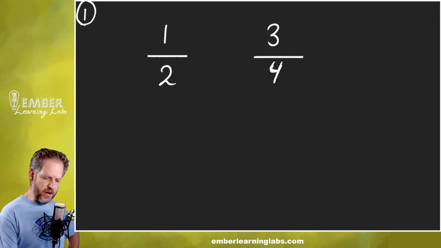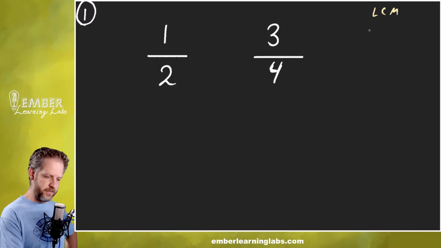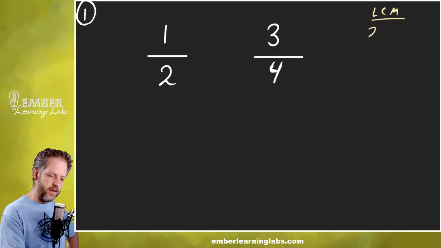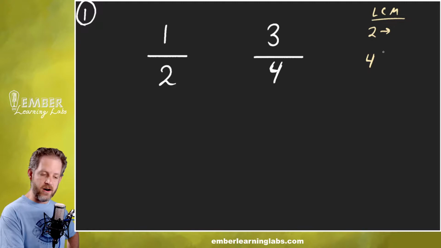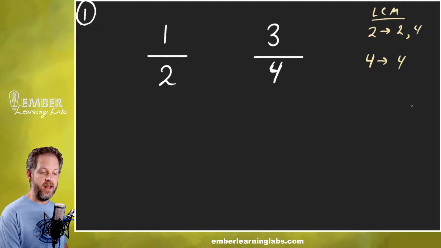Excuse me. So the first thing we're going to do is find the least common multiple between these denominators. So between 2 and between 4. So we start here and list our multiples. Oh, look, we're done. Oops. Except I probably should have put 2 and then 4, and then this one would be 4, right? So we found it.